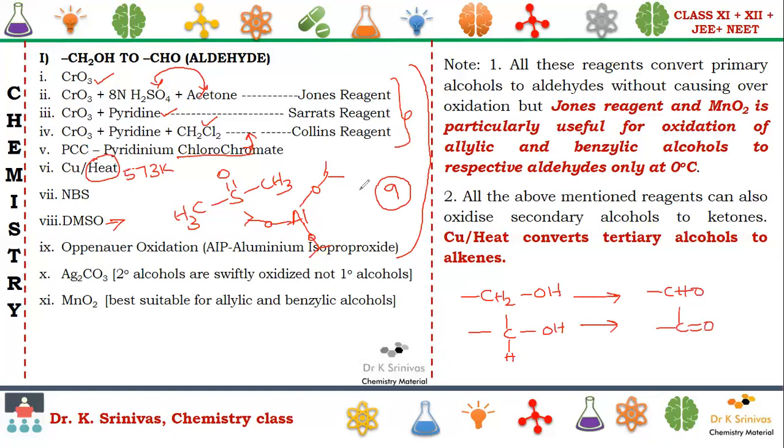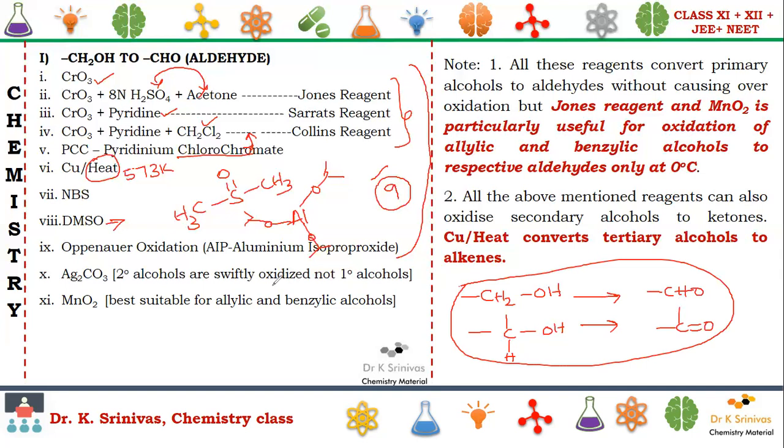All 9 reagents can be used for this purpose. So what you have to do? Don't worry about that 22 or 26 number of reagents. Just check these reagents properly. Out of 11, 9 are used directly in converting primary alcohols to aldehydes and secondary alcohols to ketones.